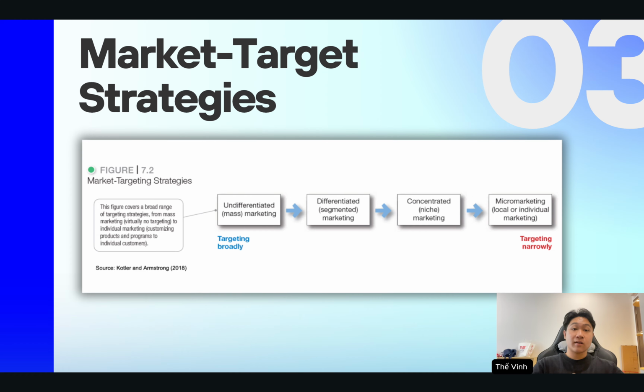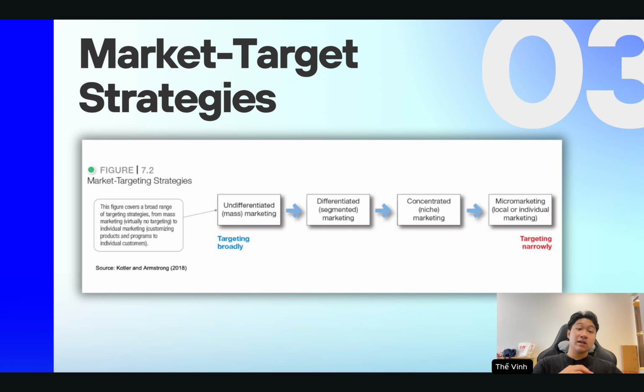The third one is concentrated or niche marketing, which focuses on one or a few specific segments. And finally, micromarketing, where products and marketing programs are customized for individuals or local areas.